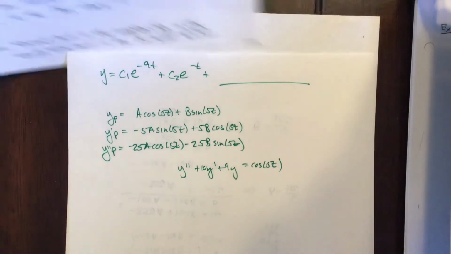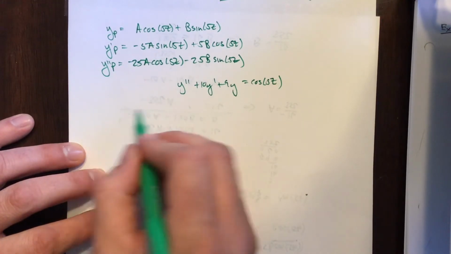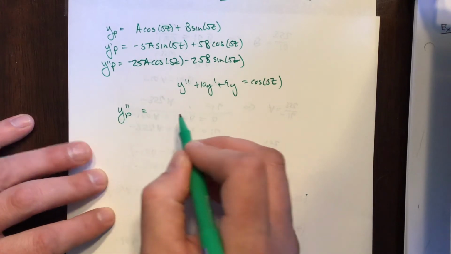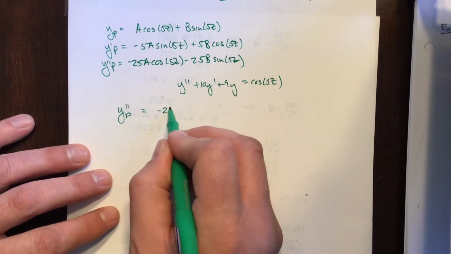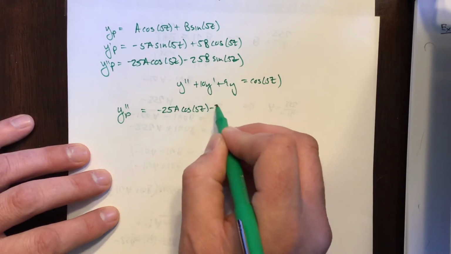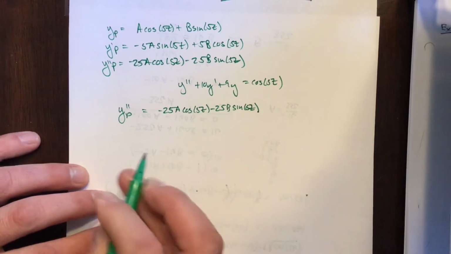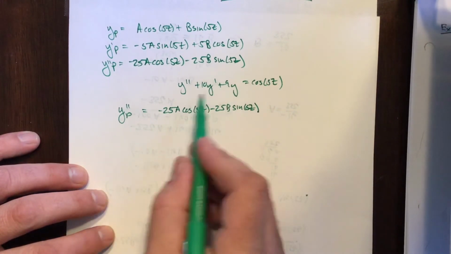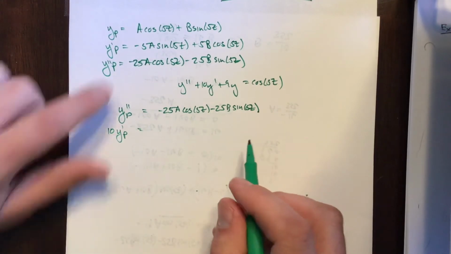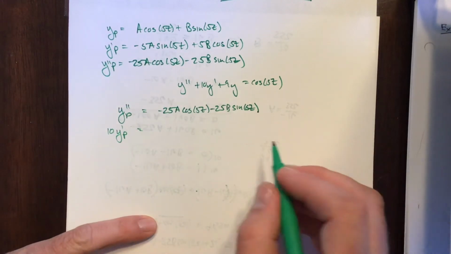See if I can set this up in a little different way that's maybe a little more visually appealing. So we have y double prime is minus 25a cosine 5t minus 25b sine 5t. 10 times y prime is going to be 10 times negative 5a, so that's negative 50a sine 5t.